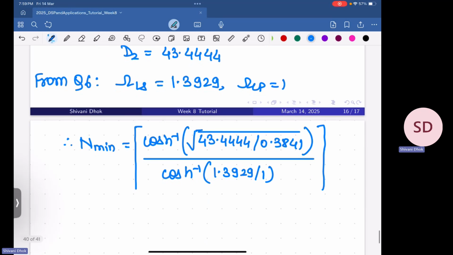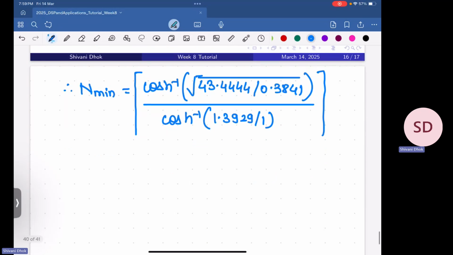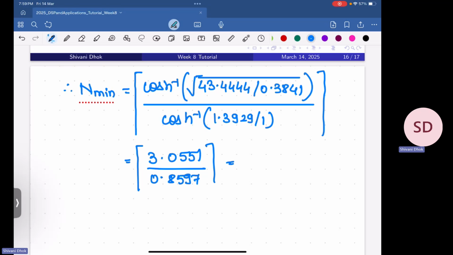For this also you'll have to rely on your calculators. So this comes out to be equal to ceil of the numerator, 3.0551, divided by 0.8597, which comes out to be equal to ceil of 3.5537, which is equal to 4. So the minimum order for a Chebyshev filter is given by 4.